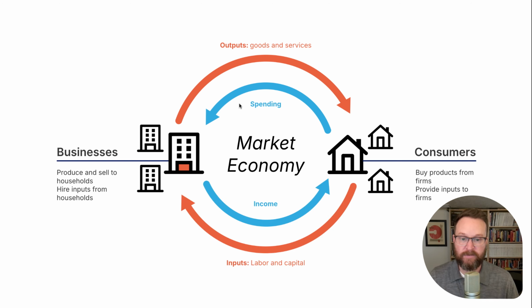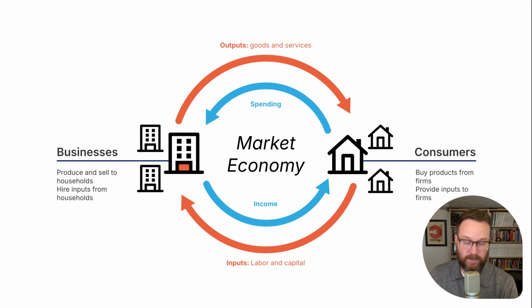On the bottom half, consumers and households go to work at these businesses by giving them labor or sometimes capital. In exchange for this, businesses give them income. This income is what they use to buy goods and services from other businesses. And it's a cycle. It's called the circular flow of money.